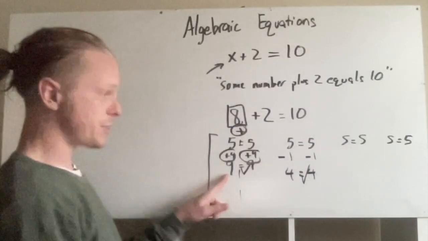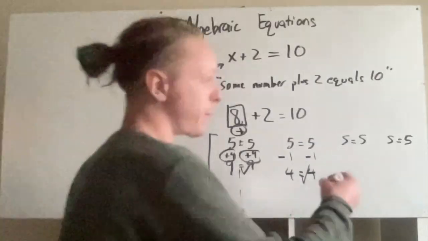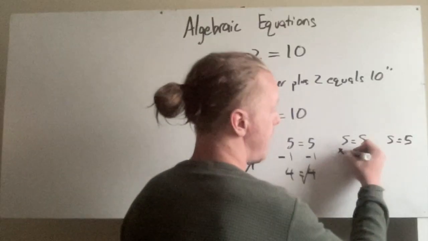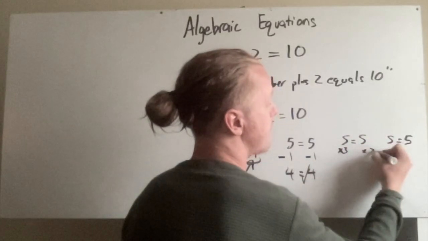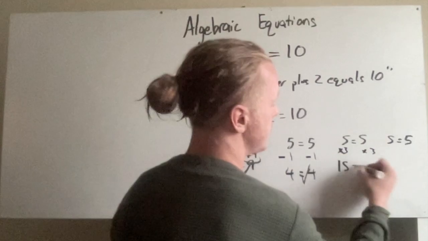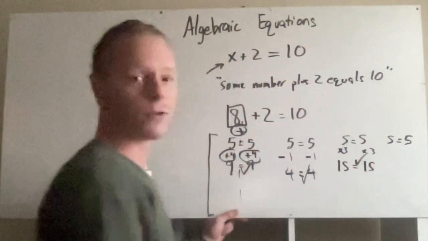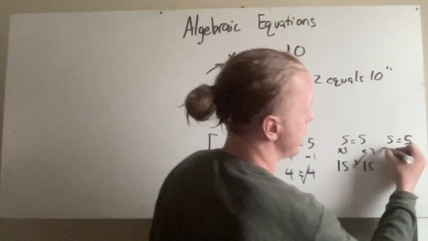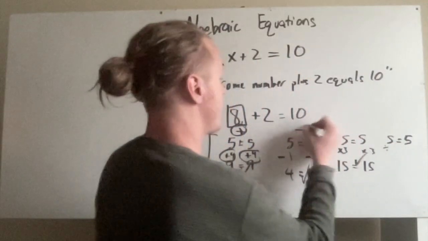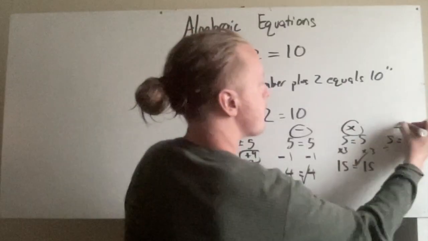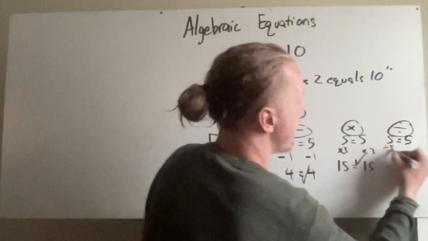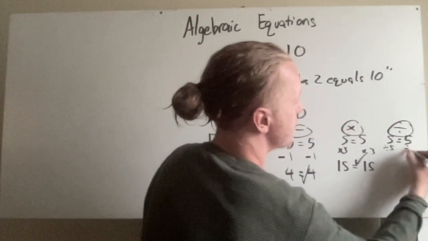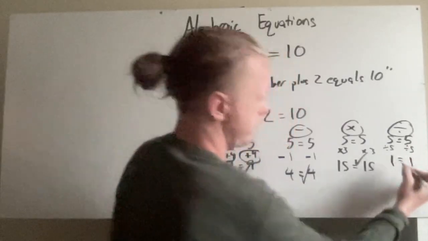Okay, so it works for addition, it works for subtraction. It actually works for multiplication as well. 5 times 3, 5 times 3. Well, 15 equals 15. Yep, still equal. And then finally, lastly, it works for division. 5 divided by 5, 5 divided by 5 gives me 1.